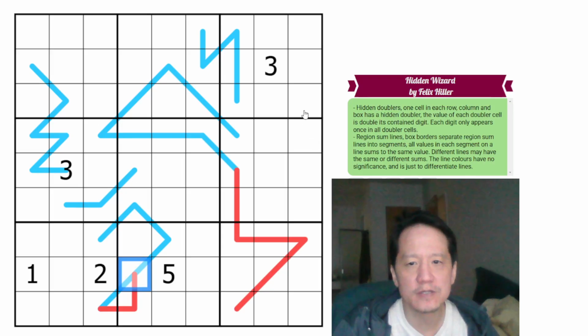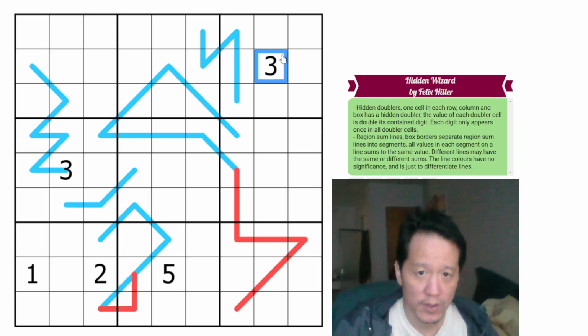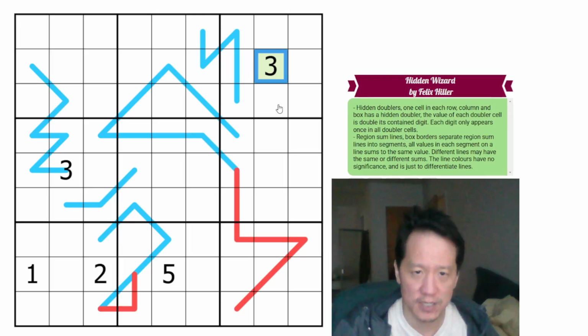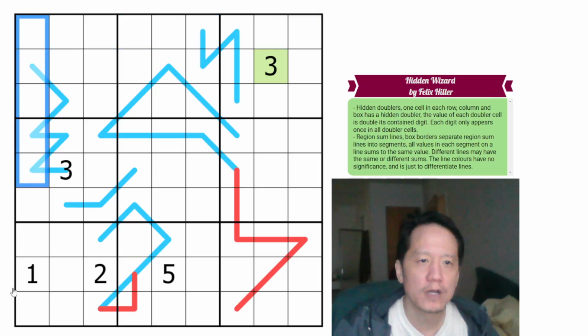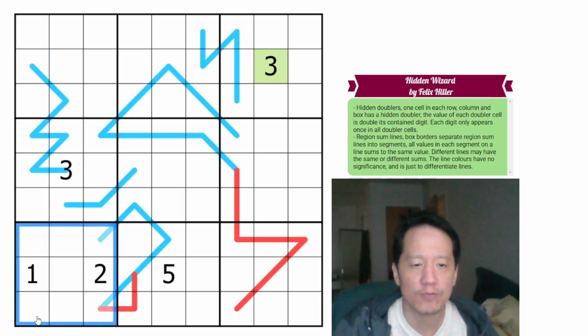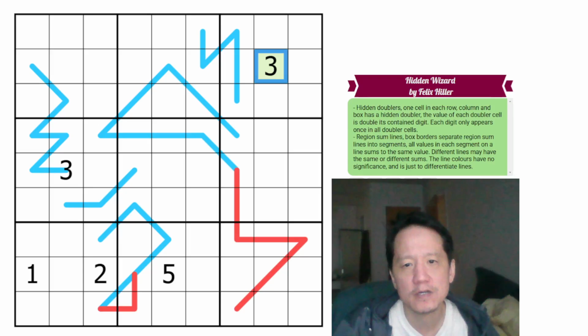So that means, for doublers, if, say, this were doubled, instead of its value being 3, it would actually be a value of 6. And there's one in every row, column, and box. Exactly one for every row, column, and box. That's important.